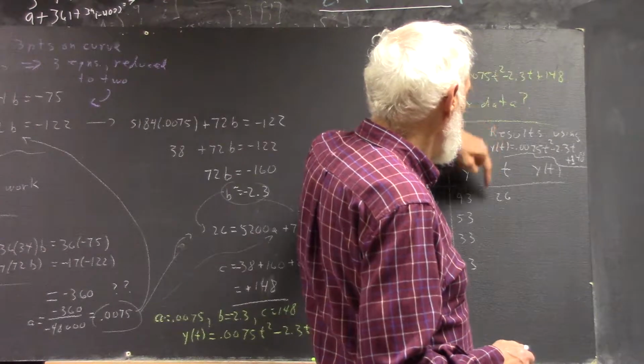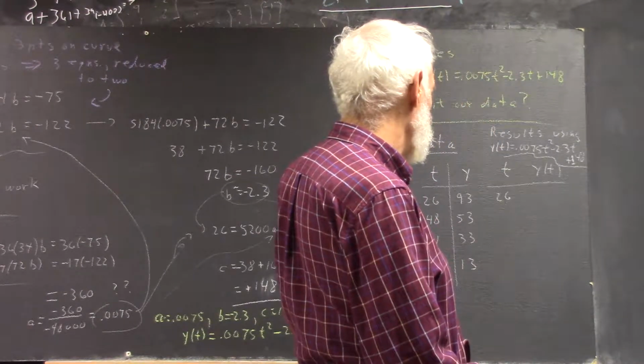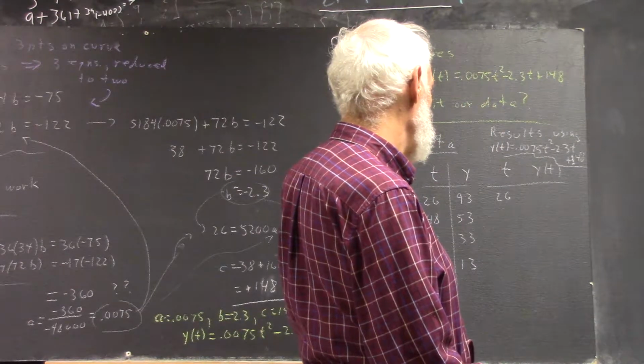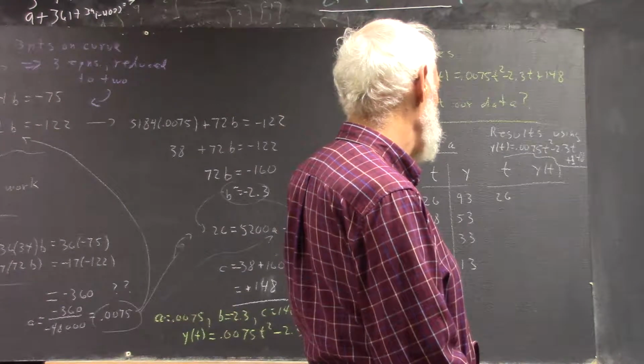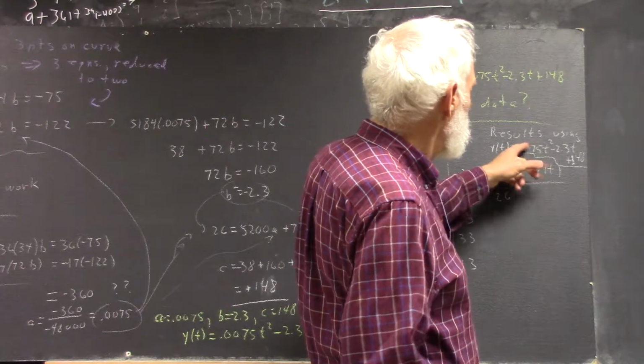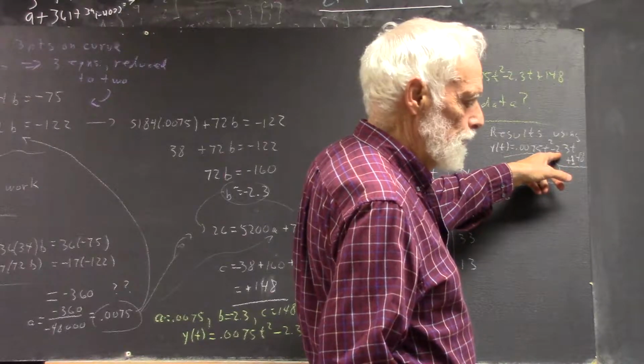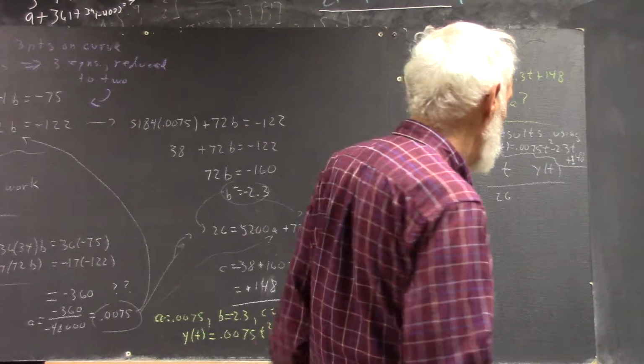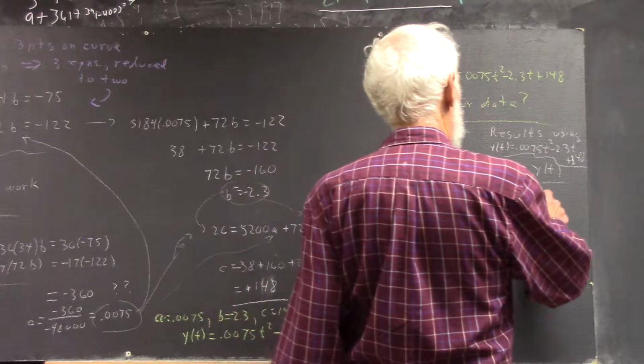And 2.3 times 26 is like 52 and 0.3, about 60, say. So that's 4 minus 60, which is negative 56, added to 148, gives you 90.